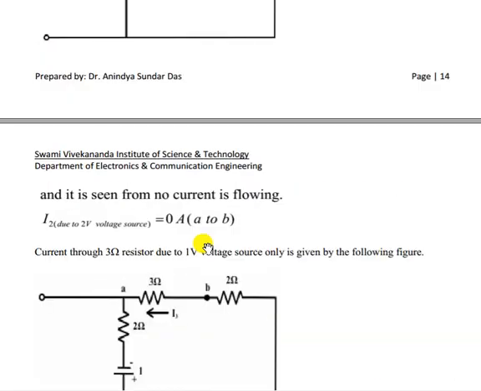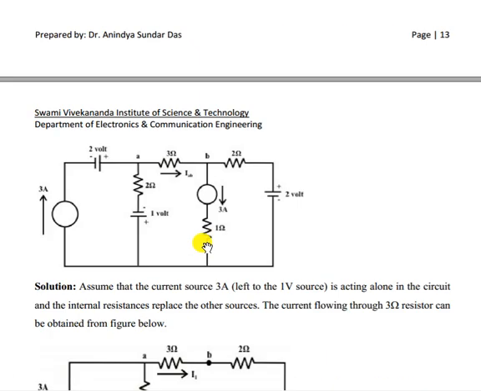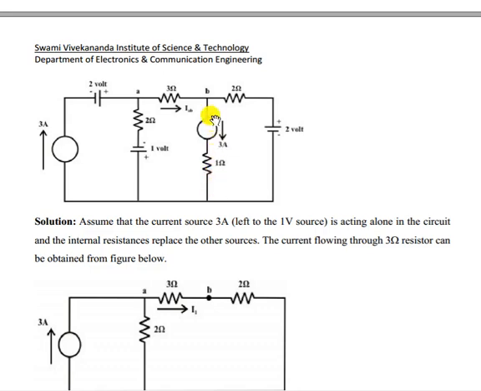Now for the last case, this is open circuited, so this part is not there, shorted, open circuited. So what we have is a 2 volt voltage source with 2 plus 3 plus 2, 7 ohm resistance.